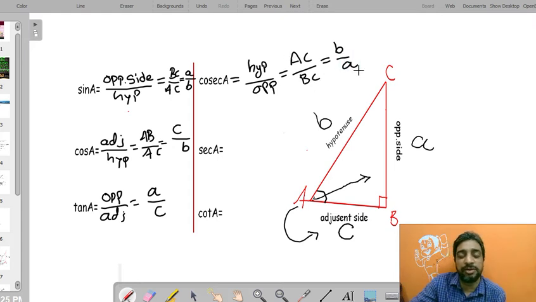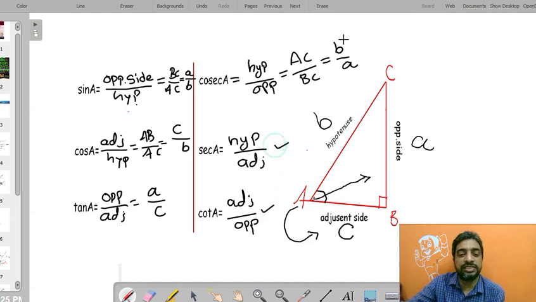Just remember that sine A means opposite by hypotenuse, whereas cosecant A is hypotenuse by opposite. Now secant A is the reverse of cos, so hypotenuse by adjacent. Cotangent A, or cot ratio, is the reverse of tan, so adjacent by opposite. Very simple.